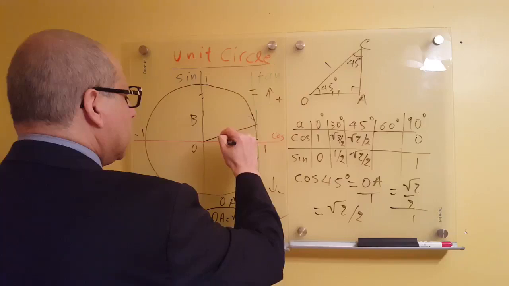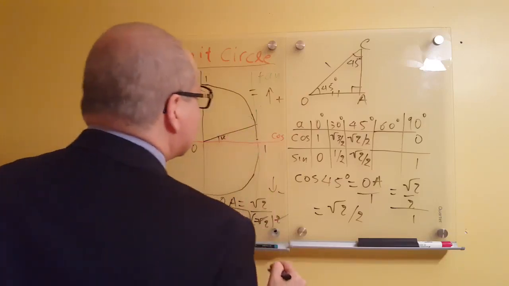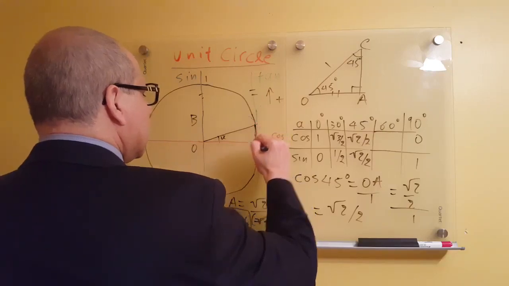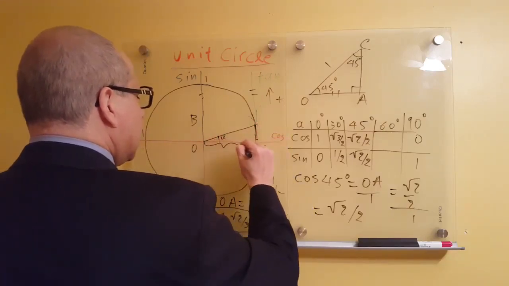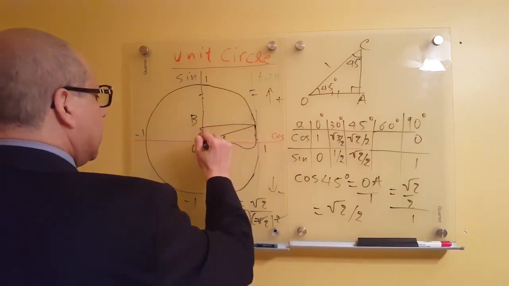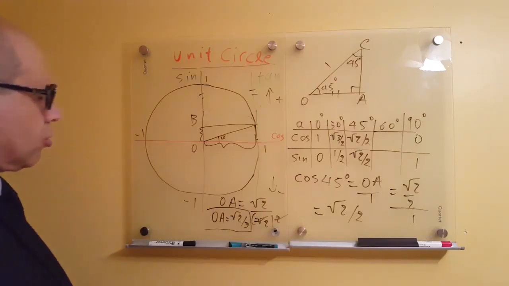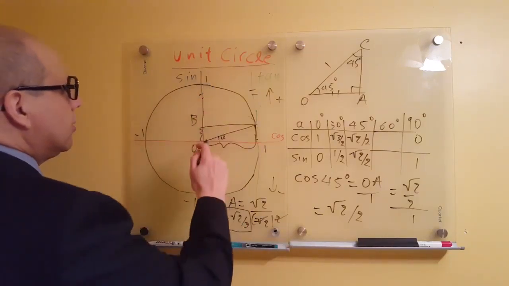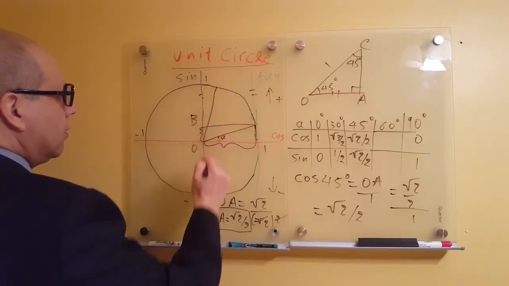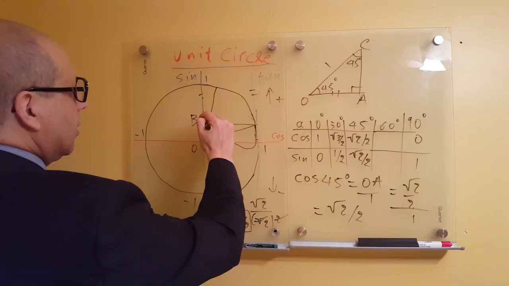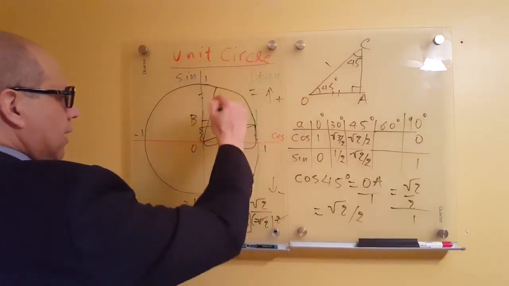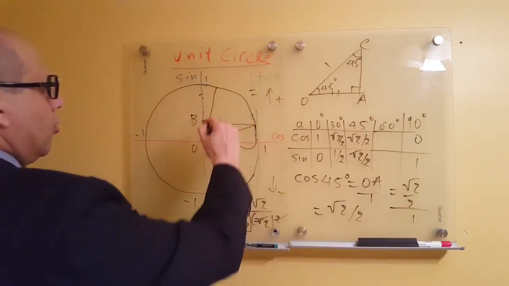Let's call it again A. So the cos of this angle is this here, and the sine of this angle is this here. So now let's go and draw an angle A here. This is A. So now let's find also the cos and sine of this angle here.